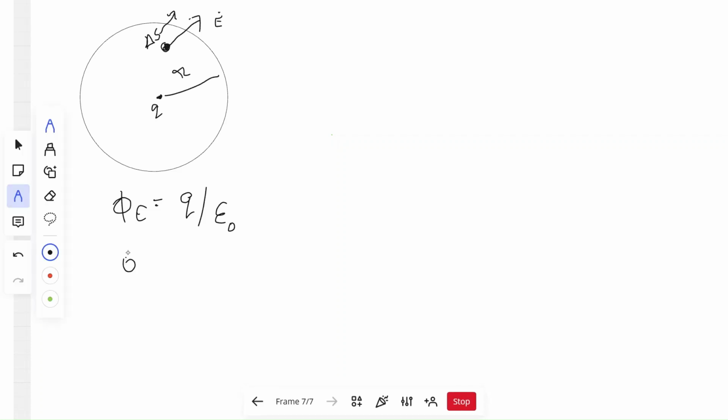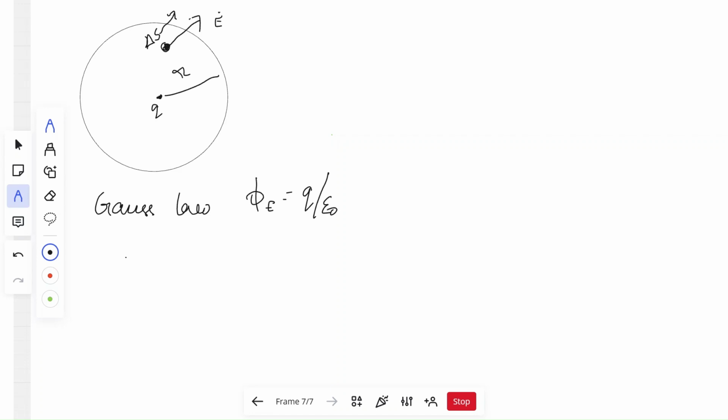Now, what is phi E? According to Gauss law, phi E is Q by epsilon naught.